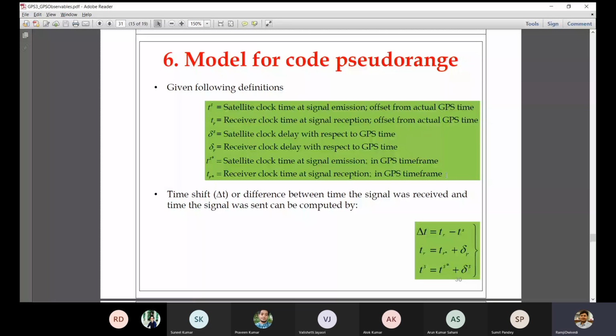When we take the difference, delta T is nothing but TR minus TS.